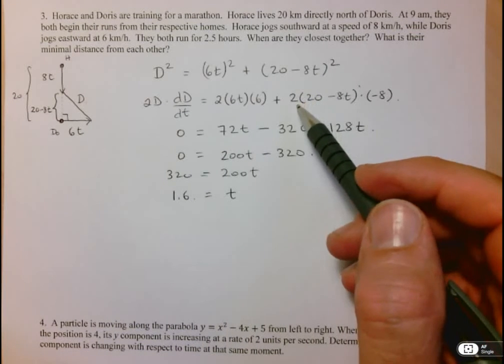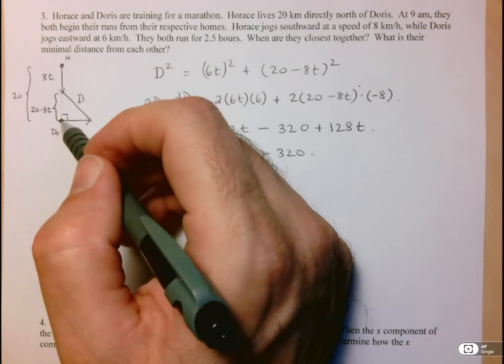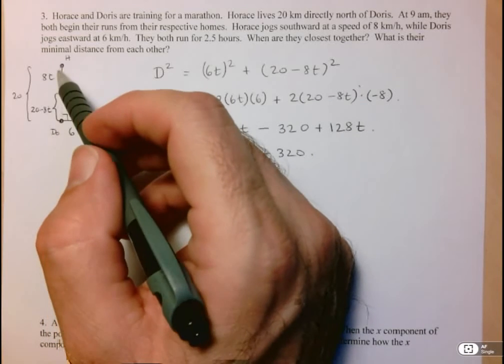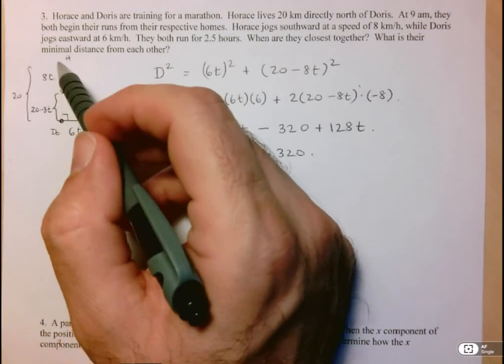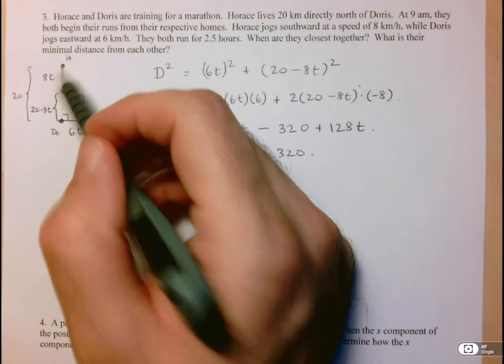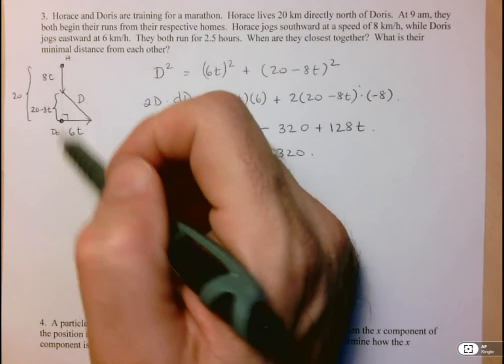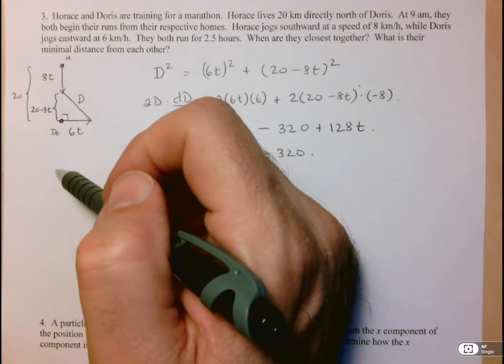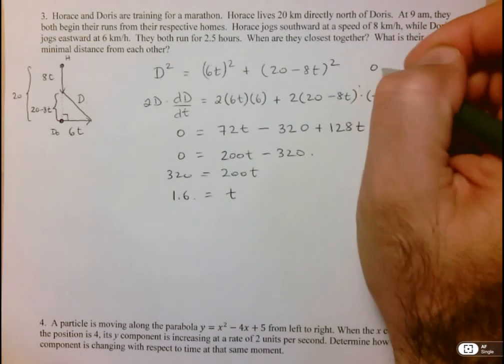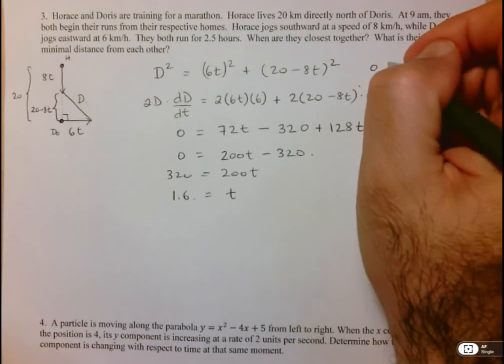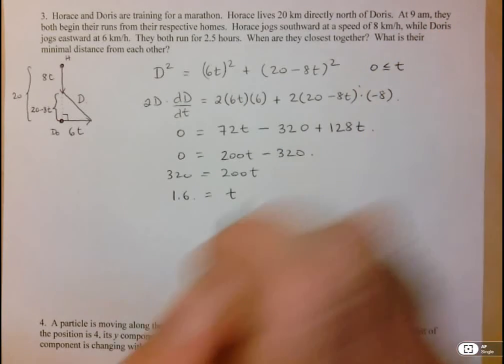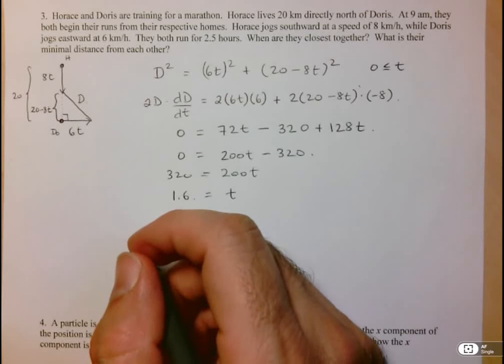So time, you can't go before they started. At the start, in fact, you know what their distance is. He's leaving from home, she's leaving from home, so their distance is 20 kilometers, but that's going to correspond to t equals 0. So t has to be greater than or equal to 0, and they give us an upper bound.